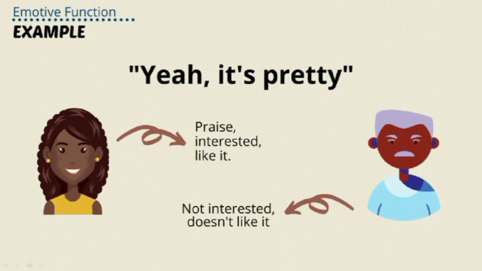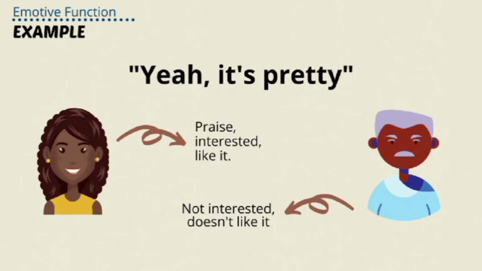For example, when you say, "Yeah, it's pretty," the sentence can cause two emotions depending on how you express the sentence and the tone of voice you use. If you use a cheerful tone, the emotion expressed could be something that refers to praise.